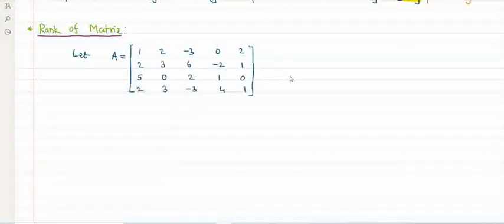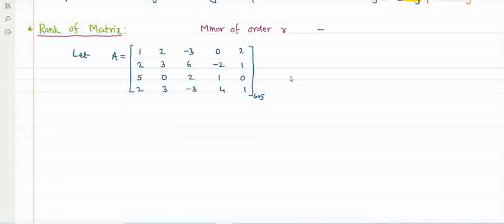Tell me the order of the matrix. 4 by 5. There are 4 rows and 5 columns. Here I am defining minor of order R. We have studied how to find the minor of an element.